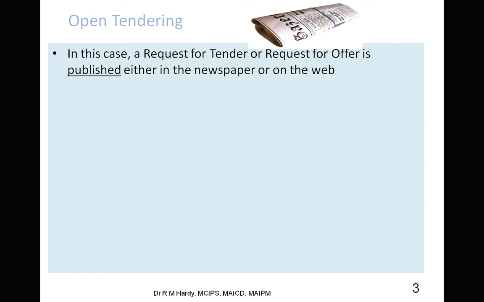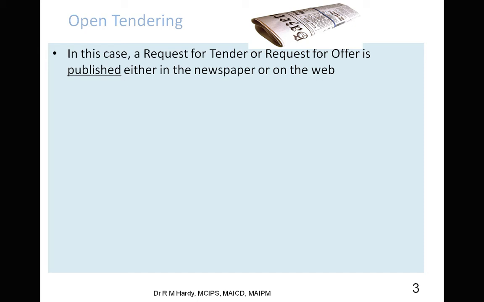Now, of course, you can tender for anything, right? People do tender for architectural services, but in this case, mostly we're talking about tendering for construction. The first step in open tendering is for a request for tender to be published in a public place, either traditionally in newspapers, when people used to read the physical form of newspapers, or nowadays on the web.